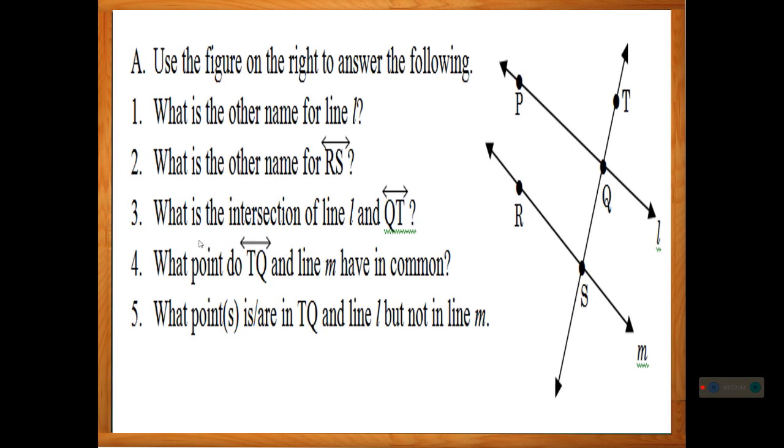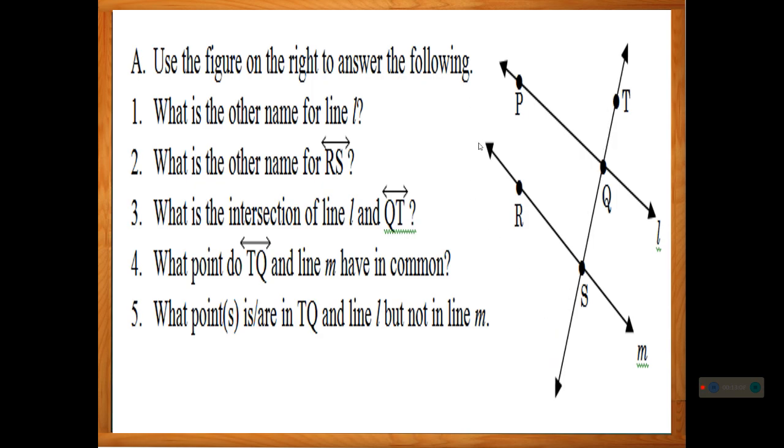Next, number 3. What is the intersection of line L and line QT? So we have your line L. We have your line QT. Okay? So the intersection of those two lines will be, correct, point Q. Next, number 4. What point do line TQ and line M have in common? So we have here line TQ.